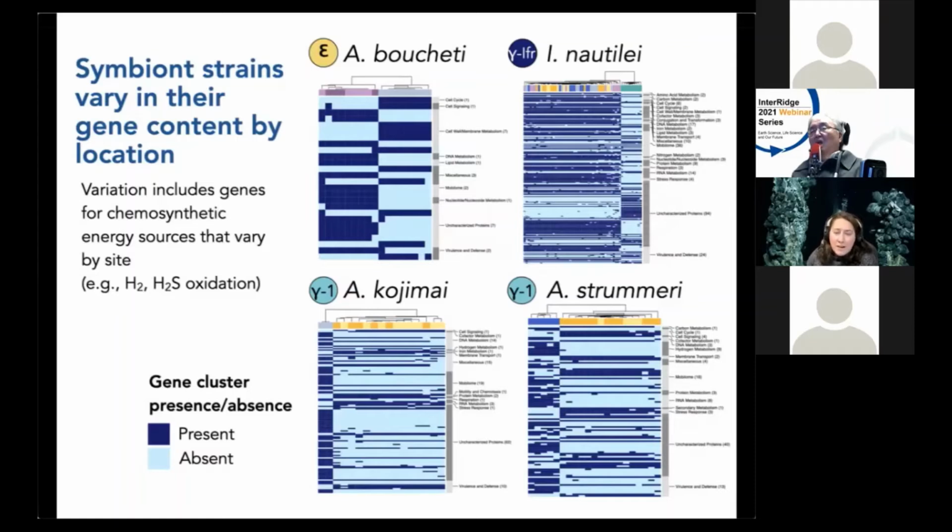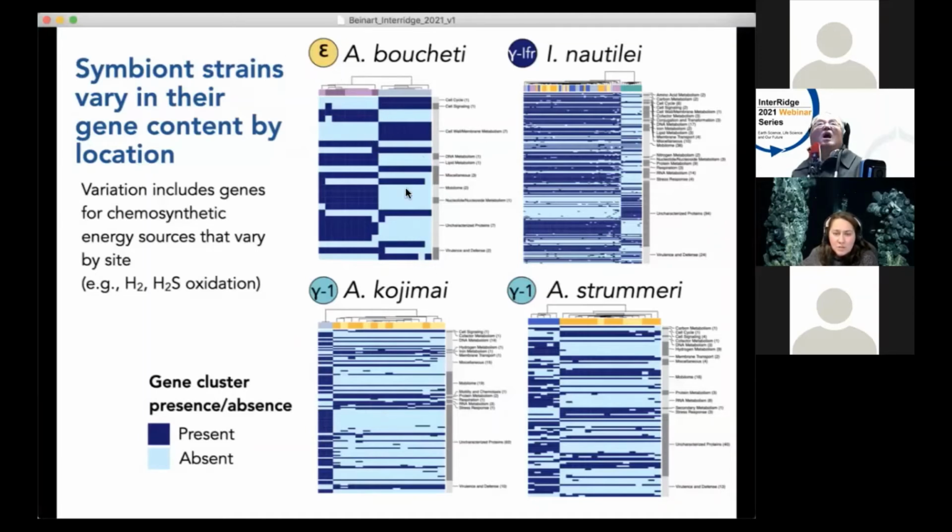And what we did find is that there are some consistent differences in the gene content of these symbiont strains according to site. A lot of the variation that we're seeing relates to energy sources that vary in their concentration, for example, hydrogen and sulfide. So here what you're seeing are the genes that vary between sites in each of these different host species and their particular symbiont at the top here.